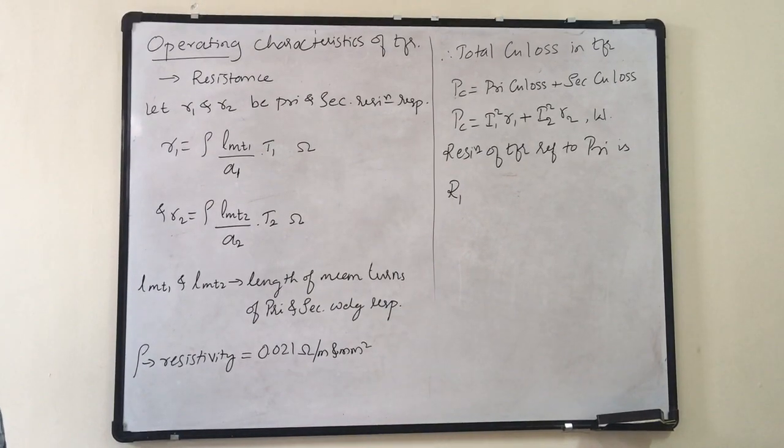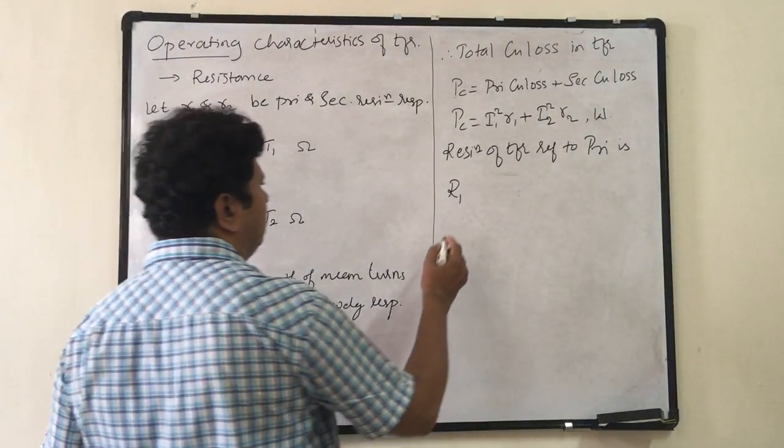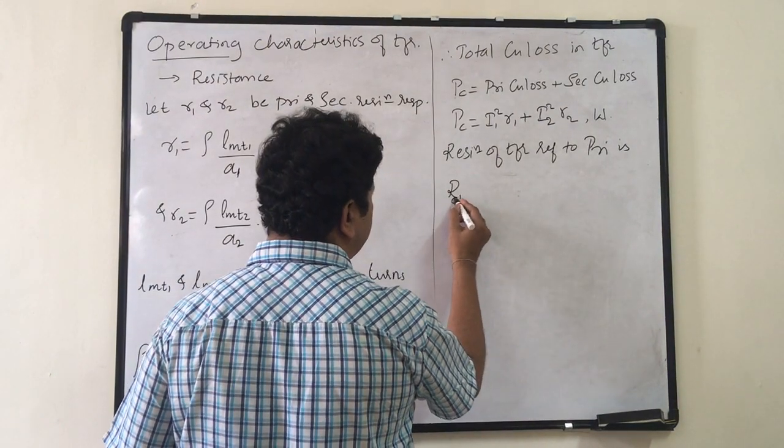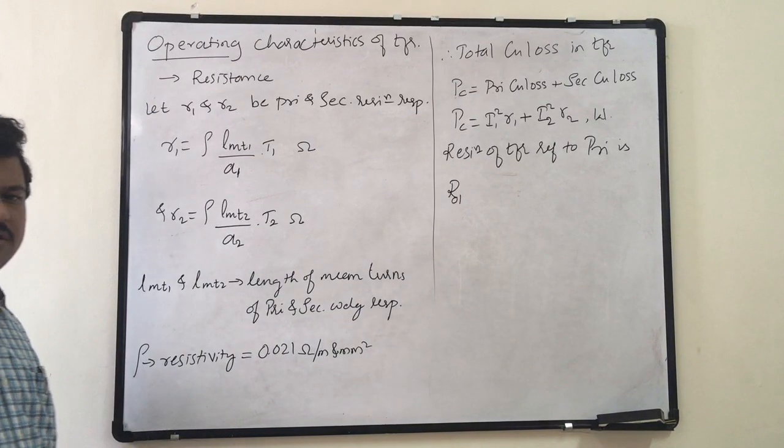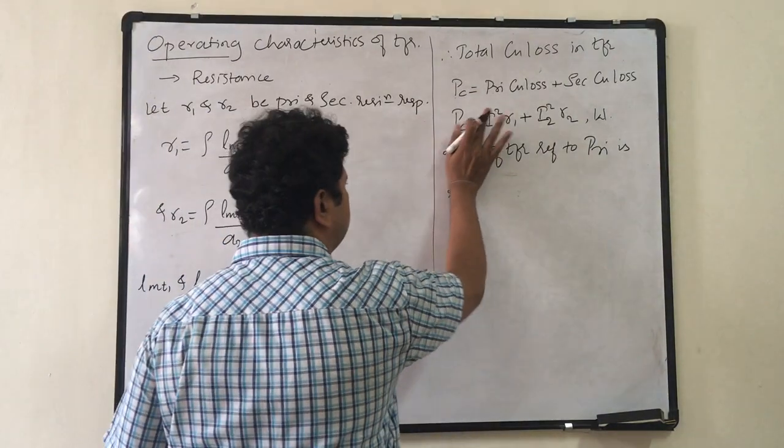Small r1 is the resistance of primary winding. If you are getting confused, you can take R01, the same notation we used in our transformer study.